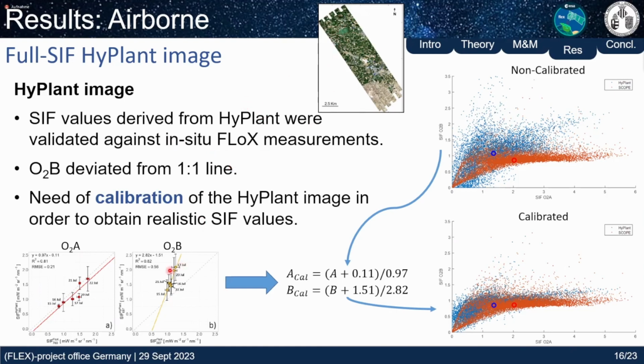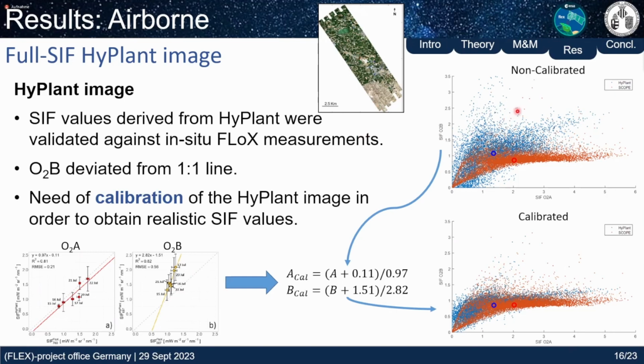The campaign showed that in the case of the oxygen A band, the values are highly correlated and near the one-to-one line. But in the case of oxygen B, the regression is not so close to the one-to-one line. So that means that the HyPlant values that we obtained from this campaign need to be calibrated.